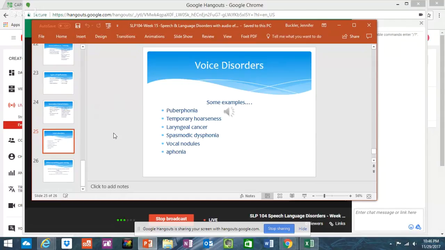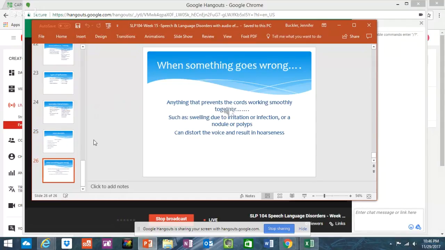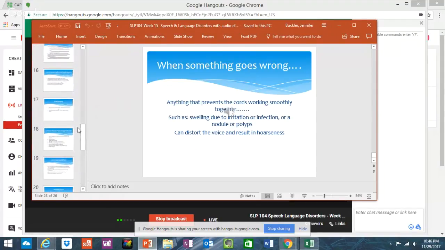There are characteristics of, say, Parkinson's disease that are very typical, such as tremors in the voice, that are specific to changes in the use of muscles in the vocal folds. When we say something is a voice disorder, it's anytime there is something that goes wrong with the vocal folds, such as swelling, irritation, and it usually results in some sort of distortion to the vocal quality.